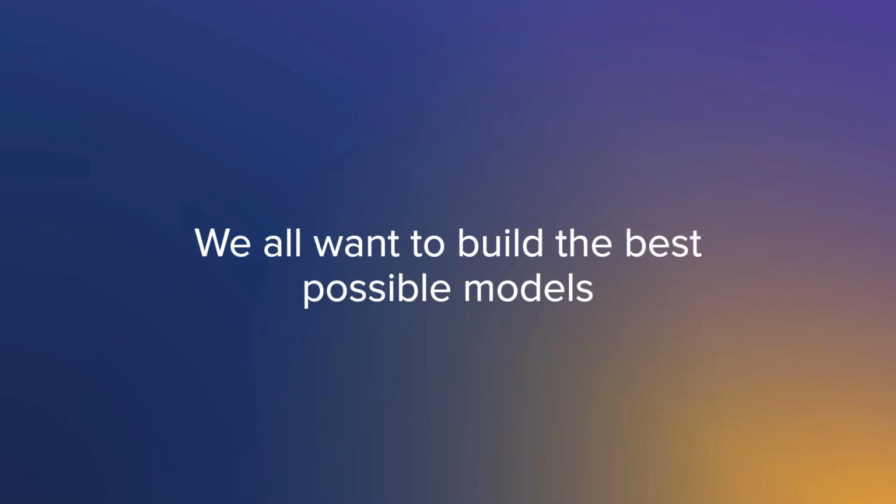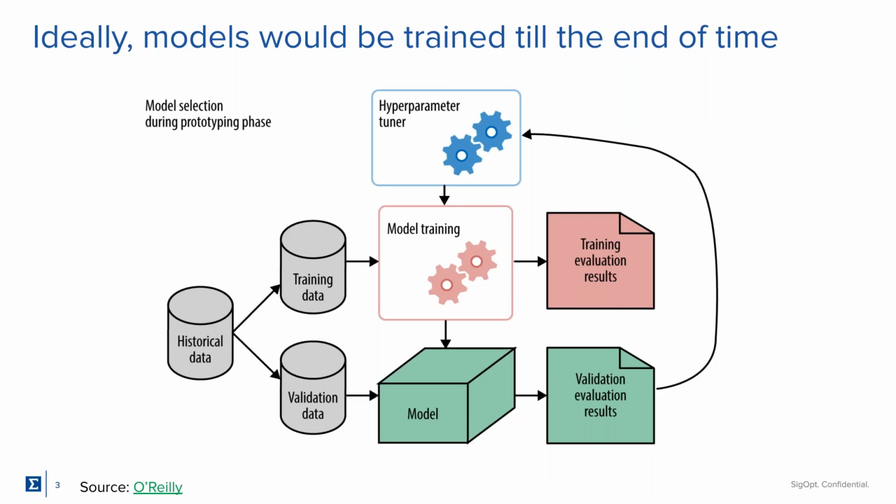So we all want to build the best possible models. And ideally, that would mean that all of our models would be trained till the end of time on all the data that is in the world related to our problem, and we'd iterate through every single possible model configuration that makes sense.